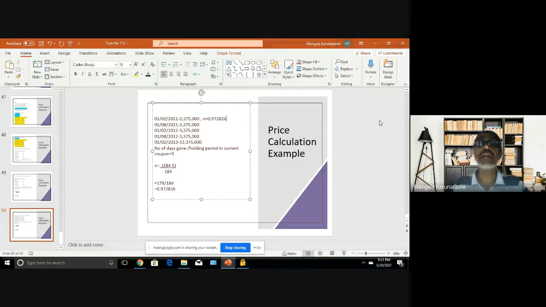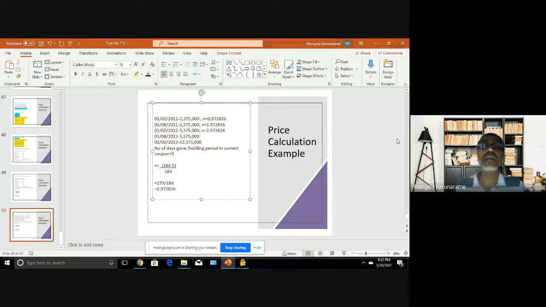Then the next one, N equals 1.972826. The third one, N equals 2.972826.